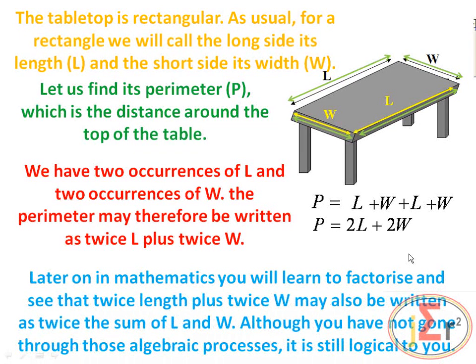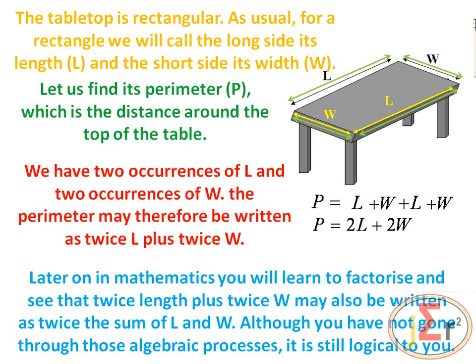Later on in mathematics, you will learn to factorize and see that twice length plus twice width may also be written as twice the sum of length and width. Although you have not gone through those algebraic processes as yet, it is still logical.